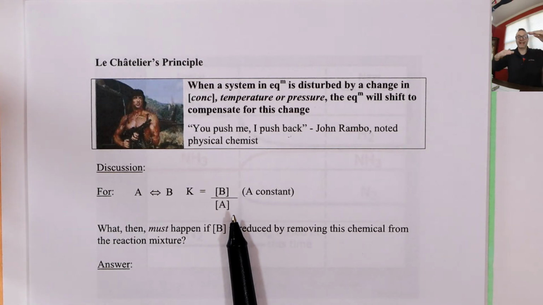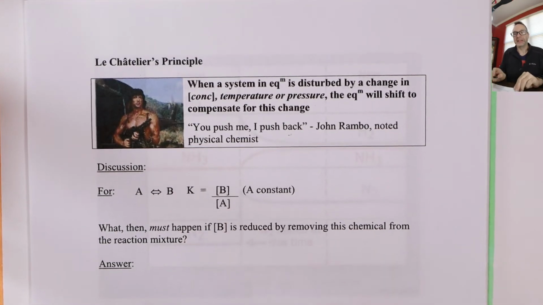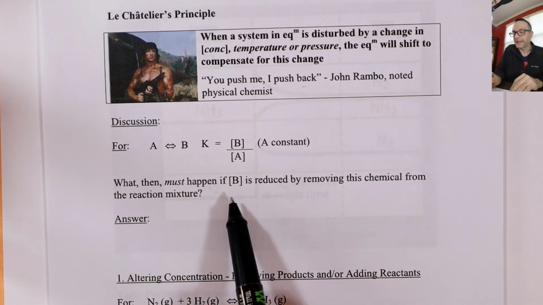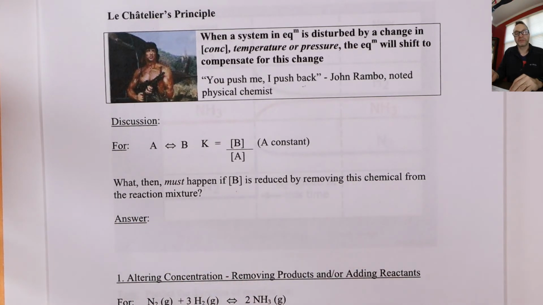So it will react that excess thing away and turn it into the other and get back to equilibrium. If you increase the amount of reactants, it makes products. If you increase the amount of products, it makes reactants. It gets back to that K value. So it's kind of a further application of Q. Now, in your own words, if you wish: what must happen if B is reduced by removing it from the reaction mixture?